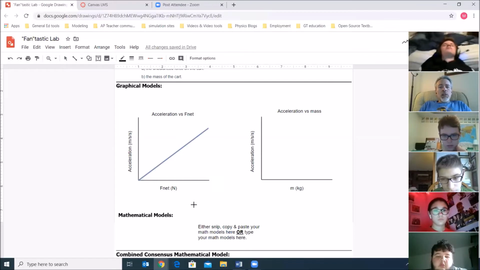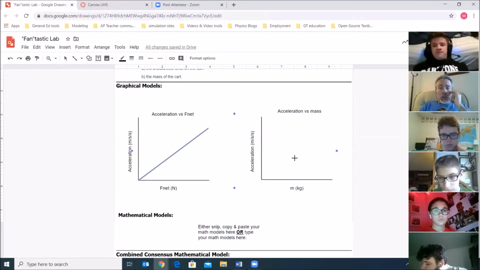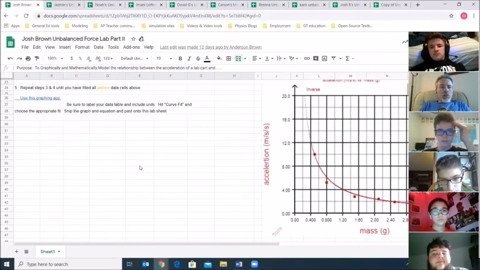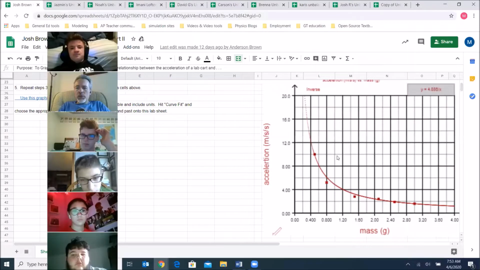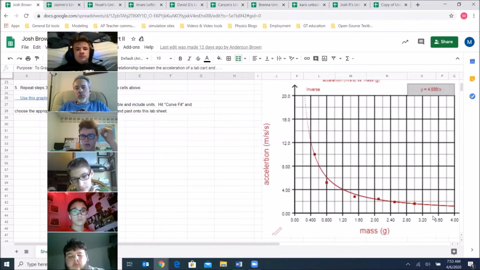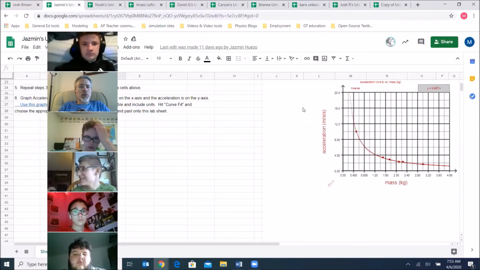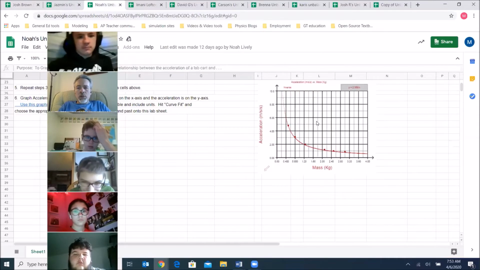Okay, so now I want to go ahead and look at the relationships people found for the other part of the lab. So versus mass. So this is, again, Josh Brown's. Kind of looks like, we call that an inverse relationship. This is Jasmine's. Looks like an inverse relationship. This is Noah's.